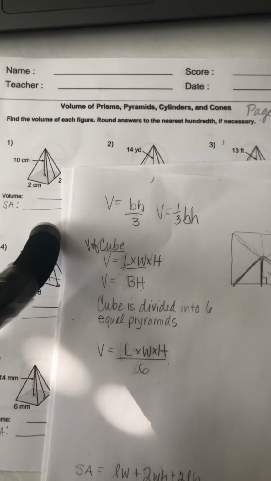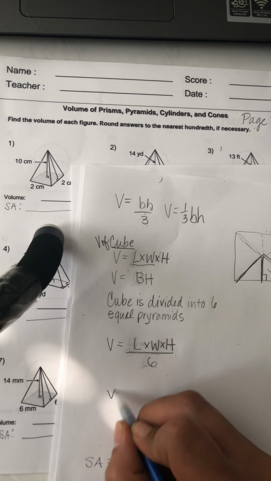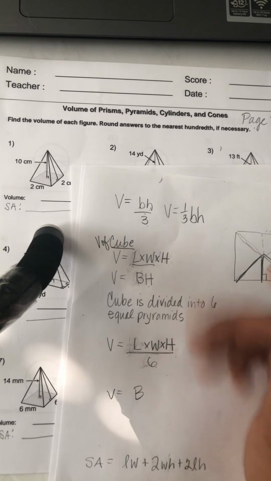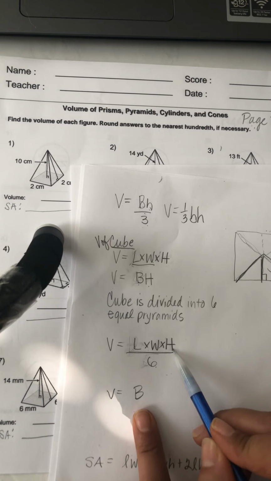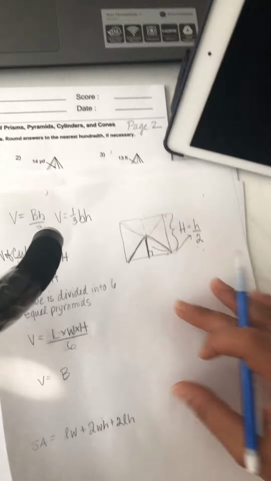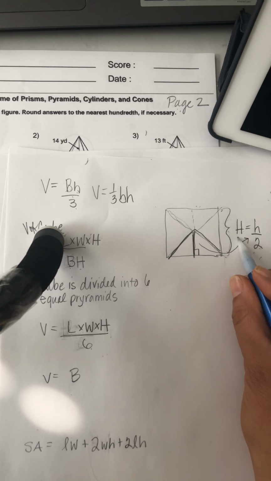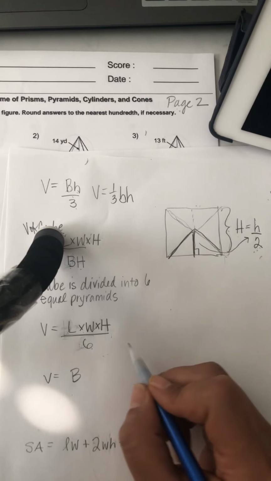So I know that this length times the width is another way of saying base, right? So I can substitute this length times the width for my base, and it can be capital B or little b at this point. And then this capital H is the height of the cube. That height of the cube right here is also equivalent to the height of the pyramid times 2.